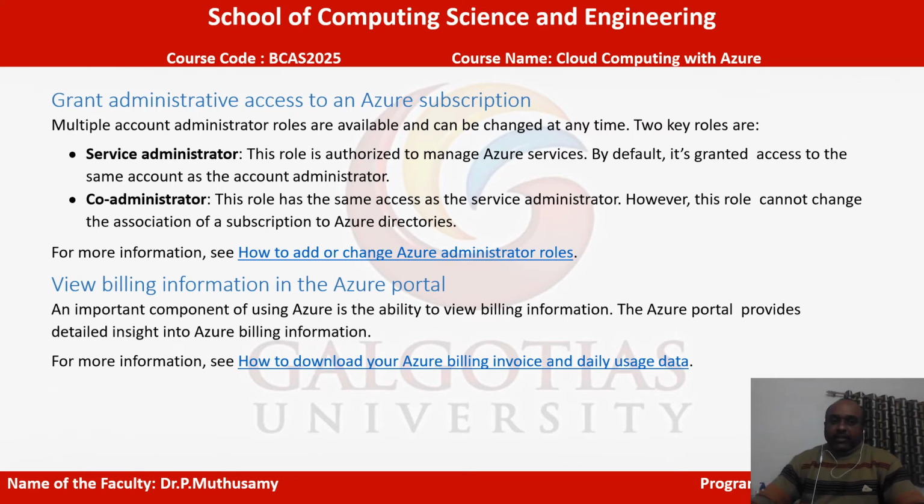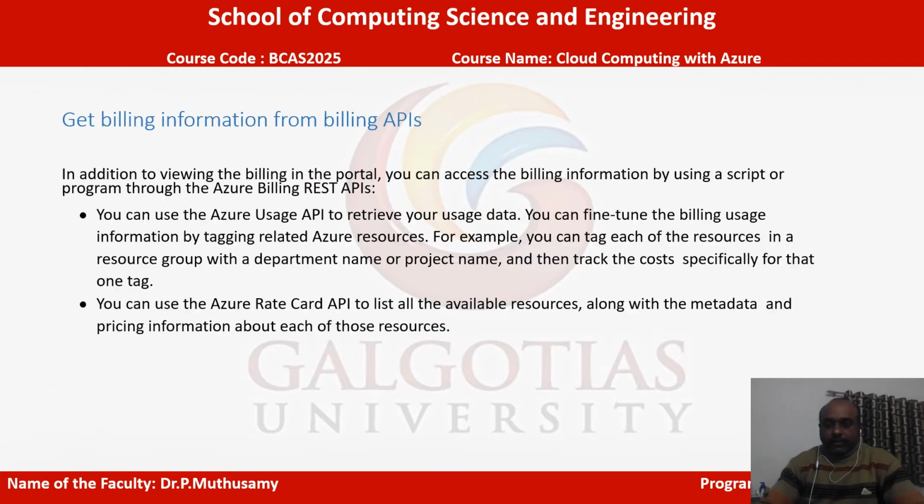Grant administrative access to an Azure subscription. We can classify this into 2 key roles: one is a service administrator, another one is a co-administrator. You can use the Azure usage API to retrieve your usage data, and you can fine tune the billing usage information by tagging related Azure resources.